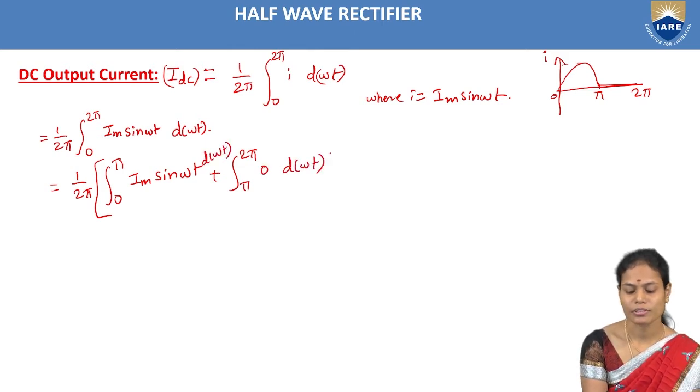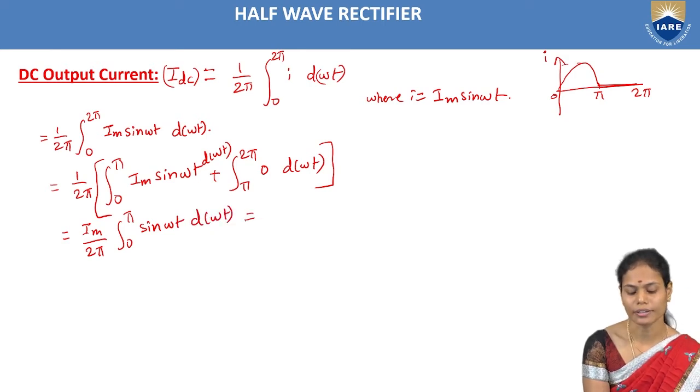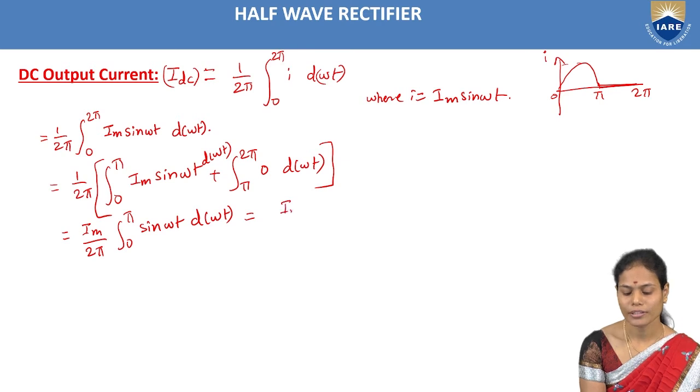Taking Im outside, we get Im by 2 pi integral from 0 to pi of sin omega t d omega t. Applying the integral, it is Im by pi times the integration of sin omega t, which is minus cos omega t, with limits from 0 to pi.